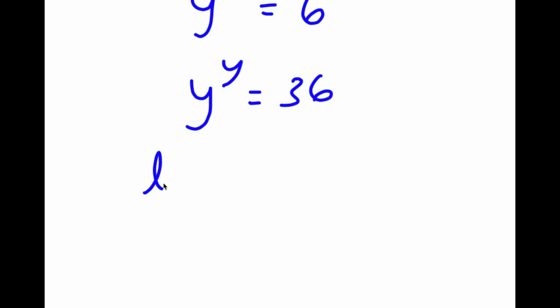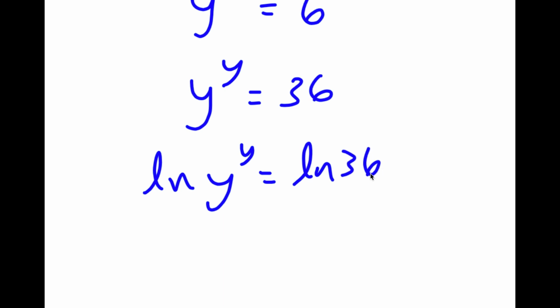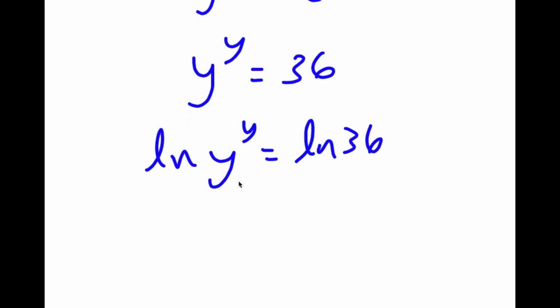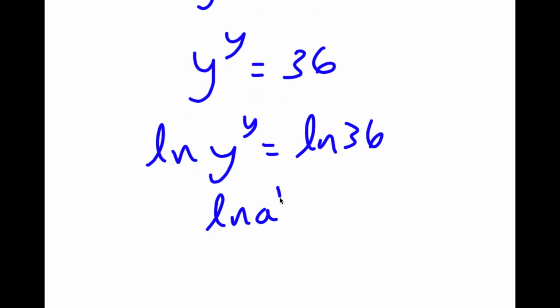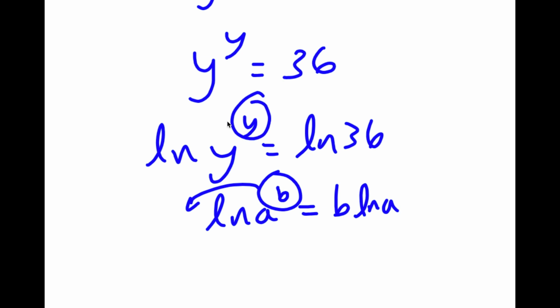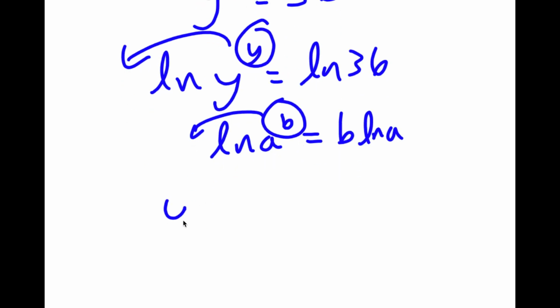Now if I take the ln on both sides, I get ln of y to the power of y is equal to ln 36. And now if I have something in the form ln a to the power of b, I can move this exponent b to the front, so it's going to equal b times ln a. So in this case, I can move y to the front, so now I have y times ln y is equal to ln 36.